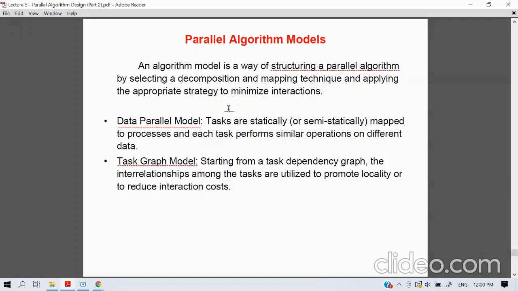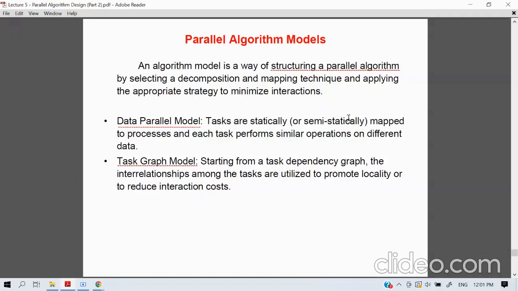Why do we need to choose the model? We need to structure how we want to do the parallel process. With this kind of guideline, you can know which decomposition technique and which mapping technique you might apply. Then you can apply the appropriate strategy to minimize the interaction, to avoid load imbalance and to avoid idling.